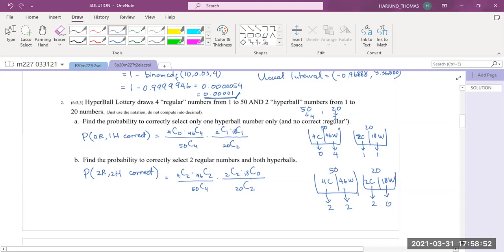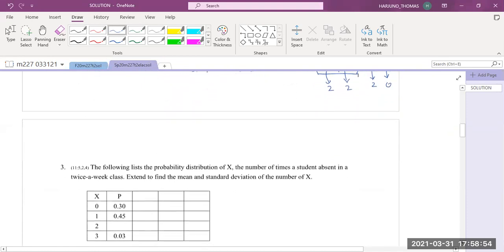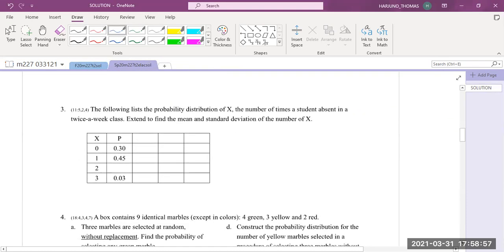Let's go on. Number 3. The following lists the probability distribution of X, the number of times a student is absent in a twice-a-week class. Now, the outcome is supposed to be 0, 1, 2 only. But I have seen an instructor do this: for each meeting, it happens to be a long meeting, like 2.5 hours.